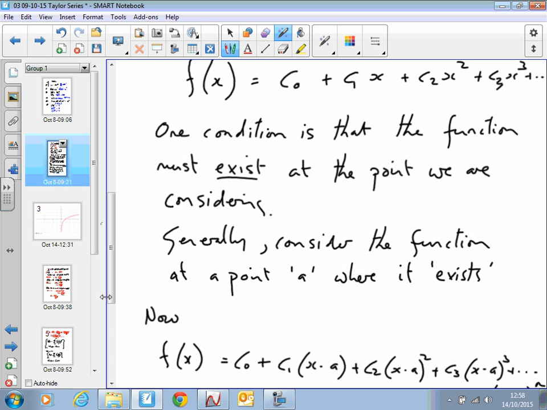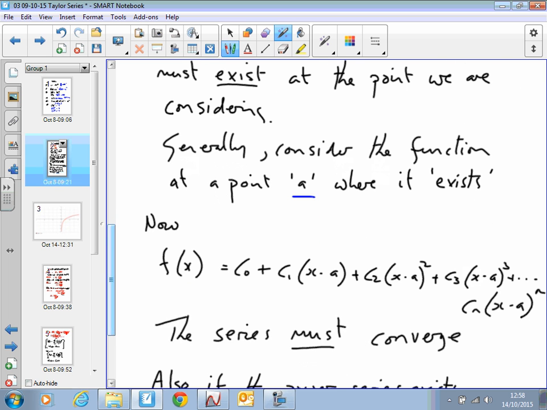So if we consider some point a where the function exists, we can write that the function may have some constant in front of it, some coefficient c1 multiplied by x minus a. So we're considering values of x now beyond the point a that we know the function exists at. And so on: c2 (x minus a) squared, c3 (x minus a) cubed, and so on.